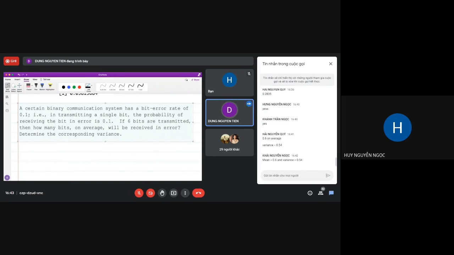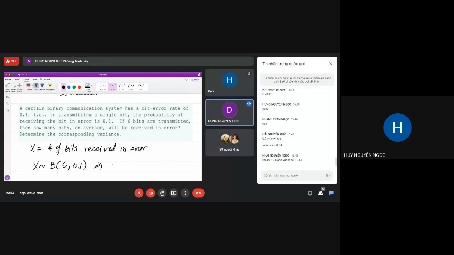Okay. Suppose that X is the number of bits received in error. Then X follows a binomial distribution with the two parameters 6 bits and 0.1, because you transmit 6 bits.